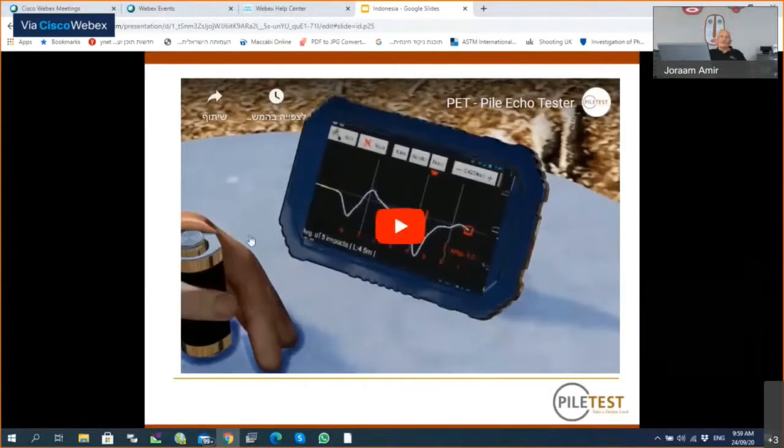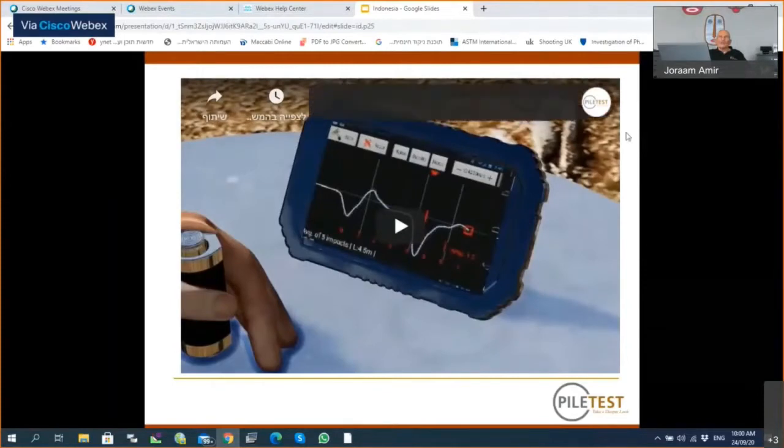For instance, take a photo of the top of the pile, or register the GPS coordinates of the pile. And of course, you can save the results you get in cloud, and therefore they can reach the main office on the other side of the globe immediately. So you don't have to wait for the results until you return to the office.